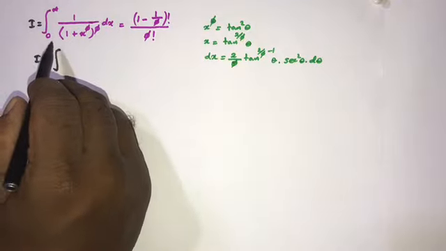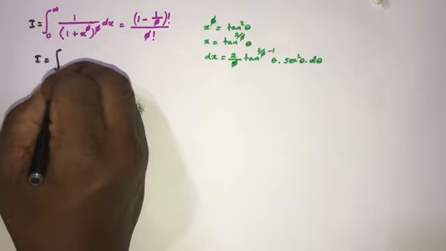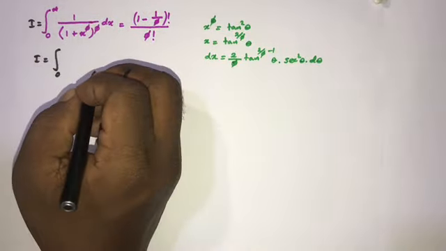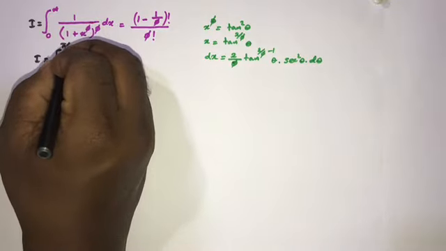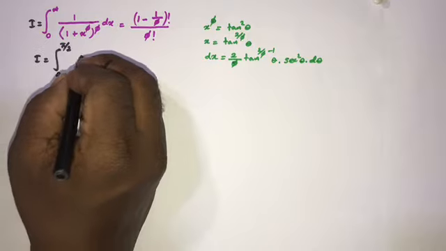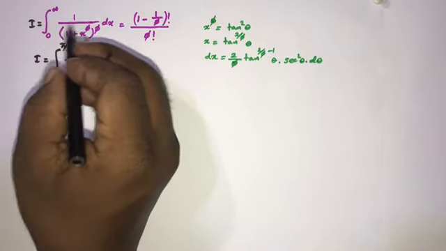When x approaches 0, theta also approaches 0. When x approaches infinity, theta approaches pi over 2, and here 1 over 1 plus x to the 5.